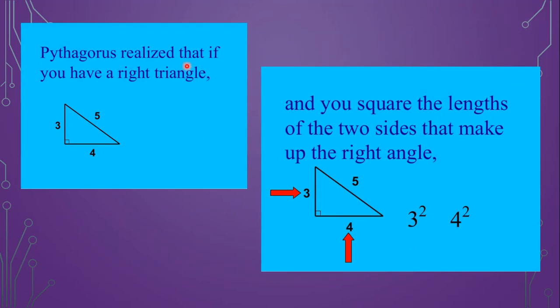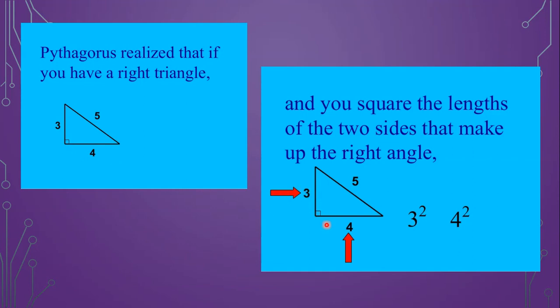What did he realize? He realized that if you have a right triangle, can you see this? We have a right triangle, which has a 90-degree angle, and you square the length of the two sides that make up the right angle.